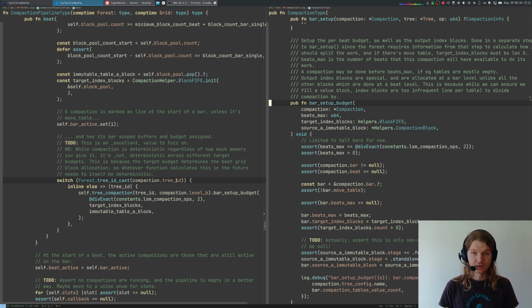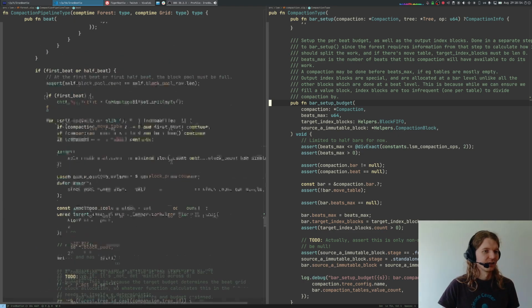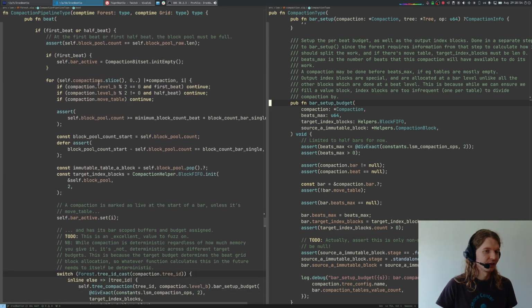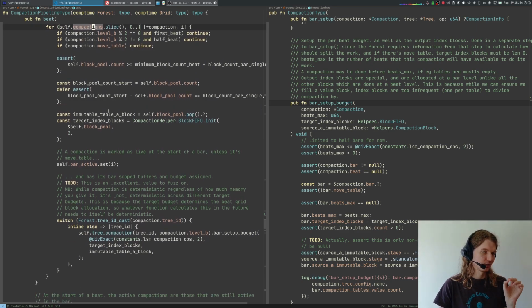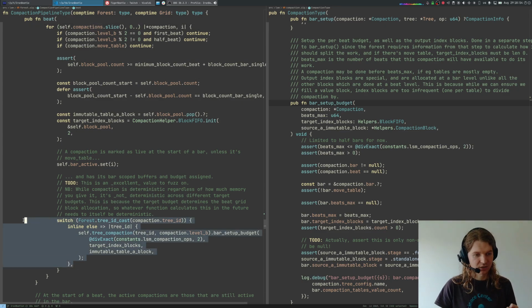Again, the problem here is compaction is parameterized by tree. So for every tree, we have a separate compaction type. And this loop loops over a runtime number of compactions. So we need to jump from a runtime loop to a comptime loop. And this is what we do here.